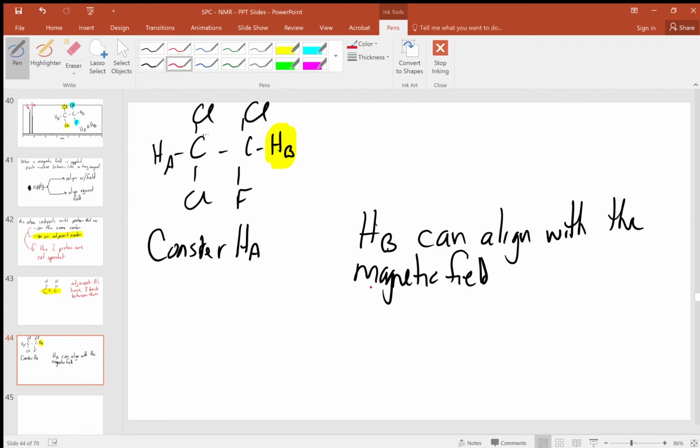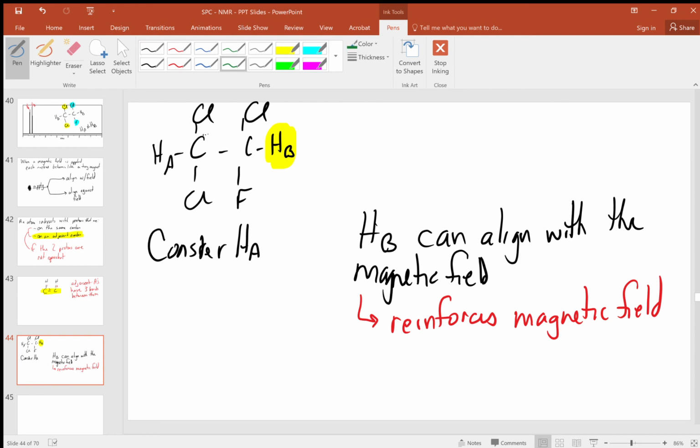Well, as a result, this reinforces the magnetic field. Because it's reinforcing the magnetic field, it means we actually need less energy in terms of what HA needs. Well, less energy is what we have when a proton or carbon is de-shielded. And if it's de-shielded, that takes us to higher ppm.